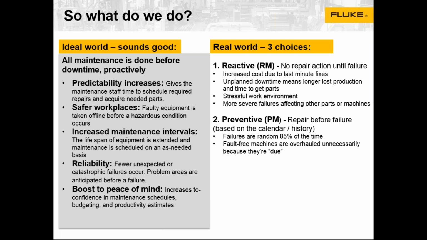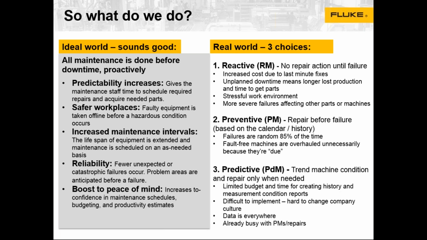And the real problem that we found out, and this was studies done back in the 60s by the U.S. Navy and the airline industry, and it's been confirmed every year since, is that failures of rotating machinery really can't be planned. The failures are 85% random. So even if we have a very good planned maintenance program, it's only 15% effective. So although it's better than nothing, it isn't perfect.